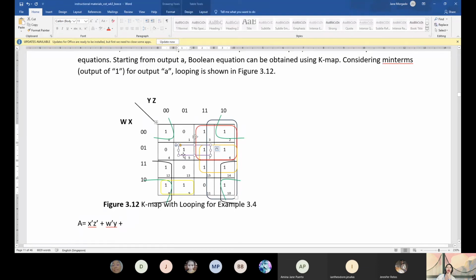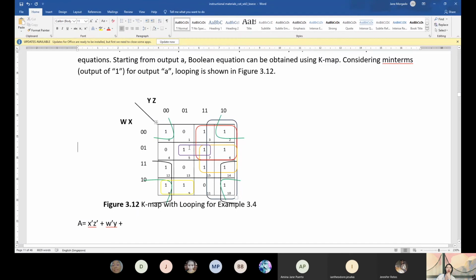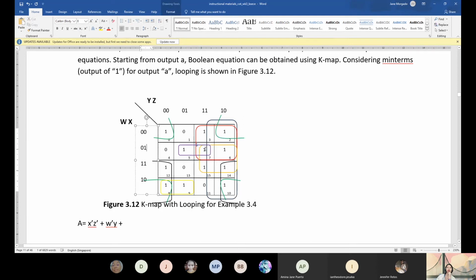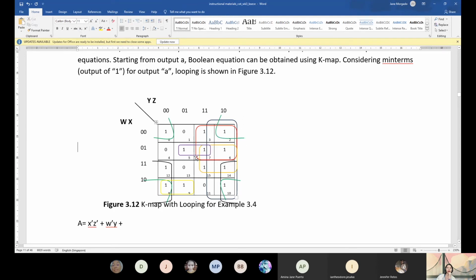How about the violet loop here? Minterm number 5 has not been grouped yet, so we can group it with 7. So we have 5 and 7.